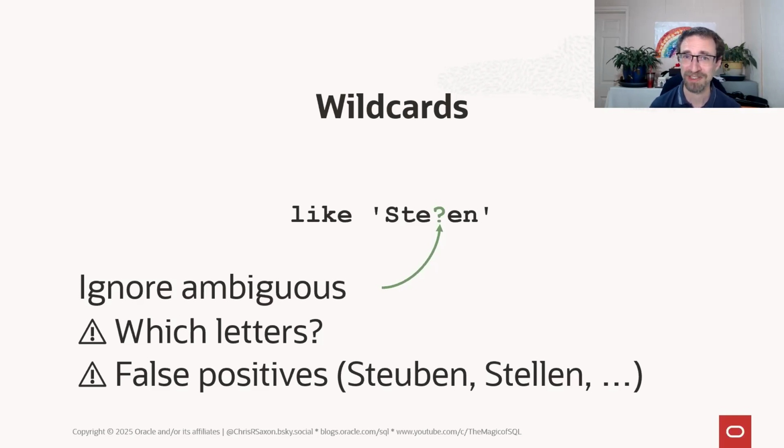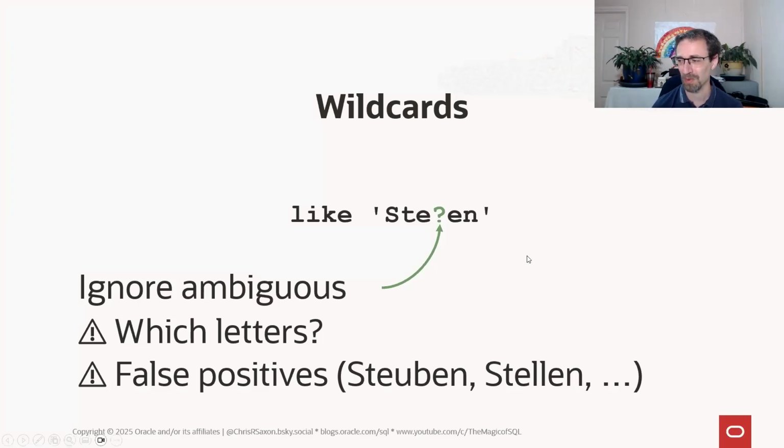Some pronunciation depends on your dialect as well, and what your primary language is. The other problem with this wildcard approach is we might end up with a lot of false positives. They're relatively rare, but there are some names that begin STE and end in N and sound nothing like Stephen, right? Steuben and Stellan and things like that. We probably don't want to accidentally include those as well.